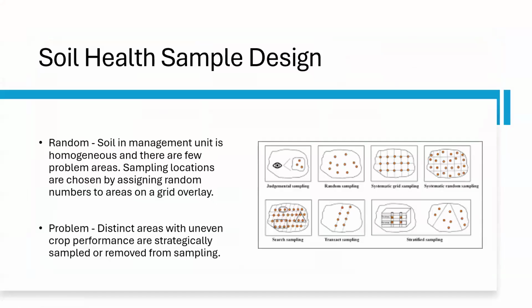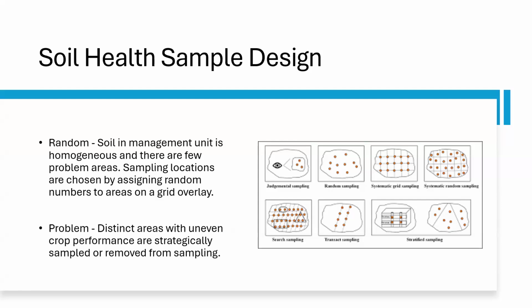Okay, sample design. Now this looks pretty diverse over to the right here. There's a lot of different ways to sample for soil health. People will say, well, how many samples do I take in a field? And really, all of this depends on your goals. What is it, again, that you're trying to gain from doing the test?